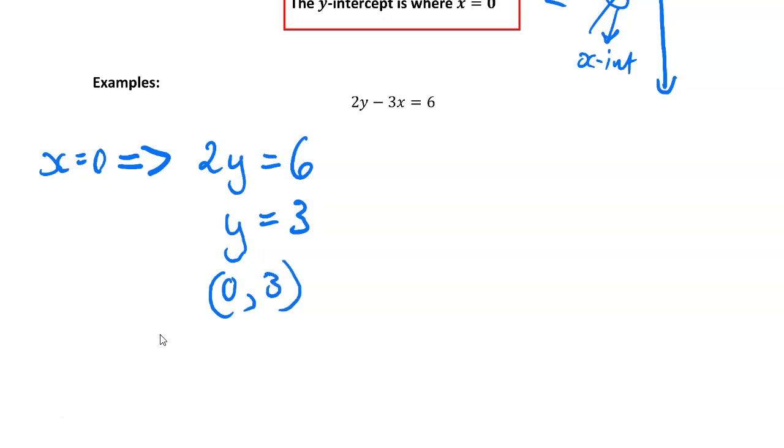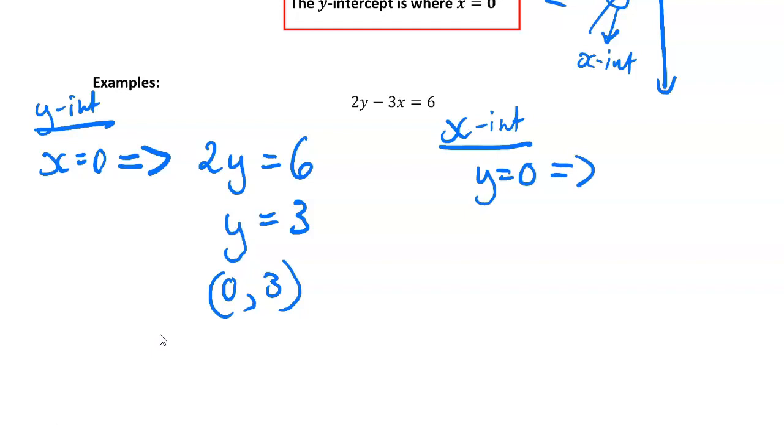Okay, to find my x-intercept, I might just write y-intercept up there. X-intercept. Our x-intercept occurs where y equals 0. So I sub that into the equation. So 2y when y is equal to 0 is 0.